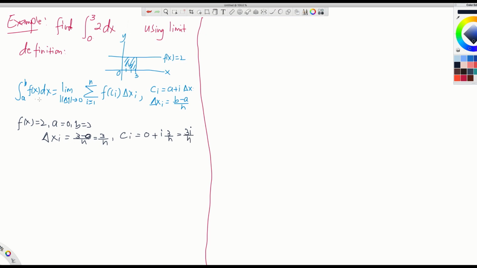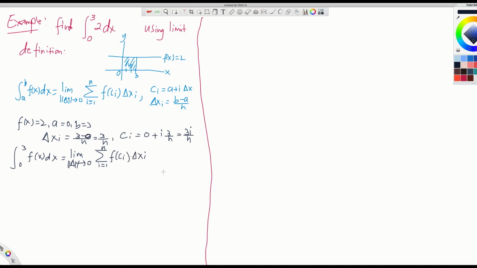Now we use that formula, okay? Therefore the definite integral from 0 to 3 of f(x) dx is the same as the limit as the norm tends to 0 of the summation, i runs from 1 through n, of f(ci) times delta xi.